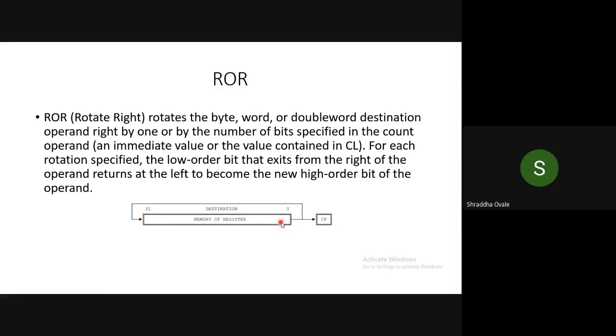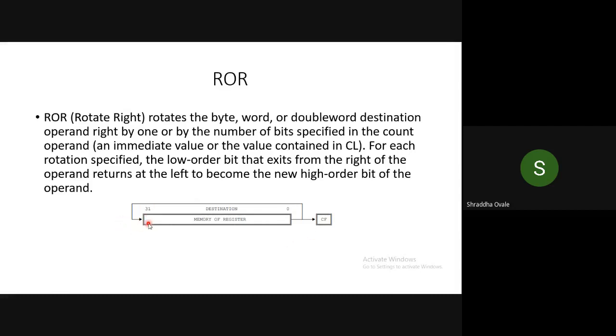Whatever bit is over here will go to the carry flag. After getting to the carry flag, the byte will be slowly rotated to the right and it will come to the MSB, that is, from the right it will come to your left side.